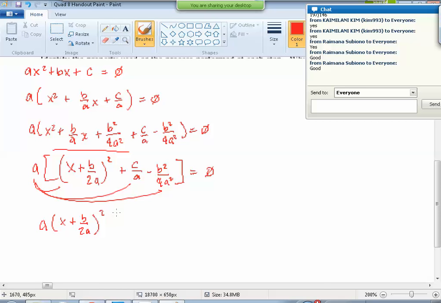We're dealing with only letters here. If I multiply c over a by a, what do I get? c over a times a is what? Just c. And b squared over 4a squared times a is what? b squared over 4a. Just a.